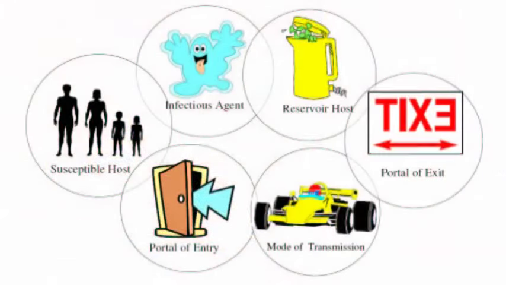The portal of exit, that's basically just how the germ leaves that reservoir, okay? So it could be in the blood, it could be in body fluids, it could be in nasal secretion, so if somebody coughs or sneezes, that would be the portal of exit. The mode of transmission is basically how it gets from that reservoir agent into the susceptible host.